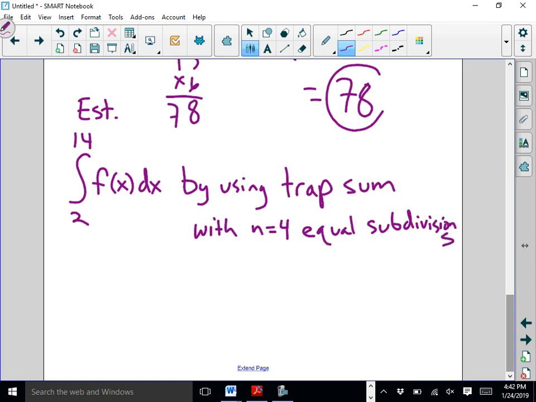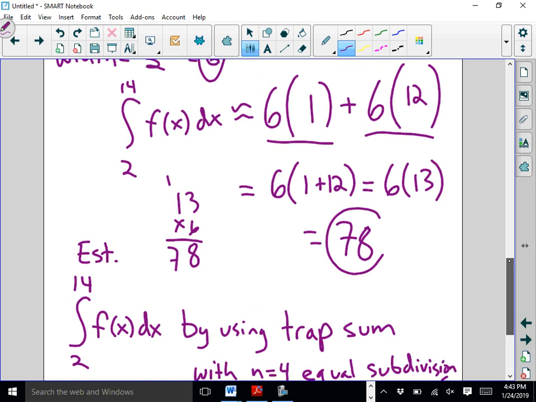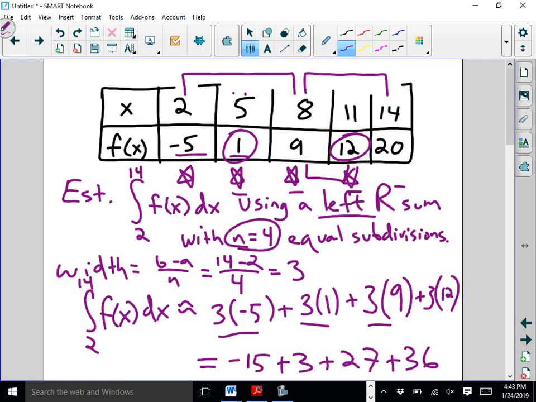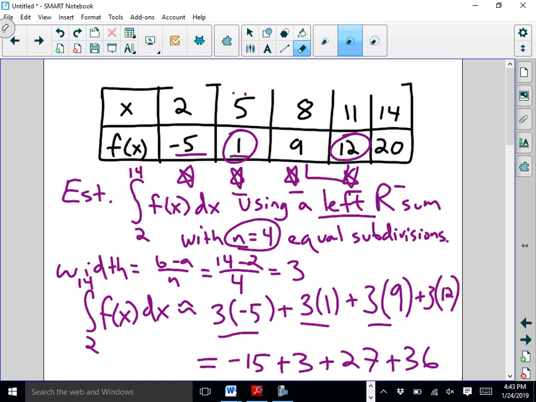So this is going to be just like the example in my left and right. So I'm going to try to do this quick so you can get this video over with. My subdivisions are going to go back to being a width of 3. There's 1, 2, 3, 4.